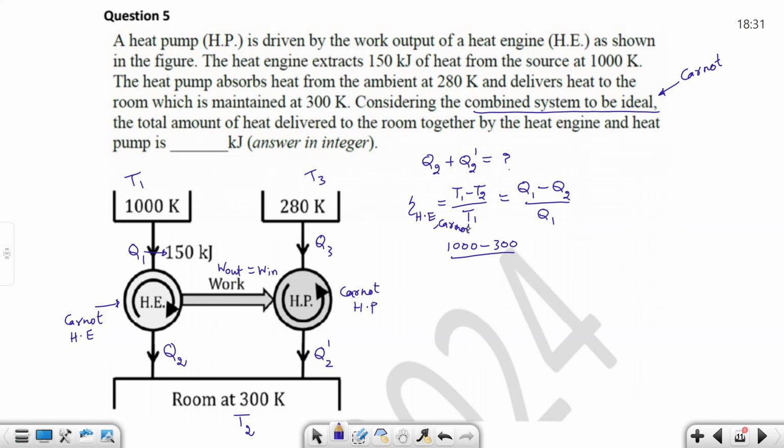Otherwise it will not. Because of the Carnot engine, these two are the same. Equal to 150, maybe in terms of kilojoule. So we write in kilojoule, 150 minus Q2 by 150. So let's find Q2.